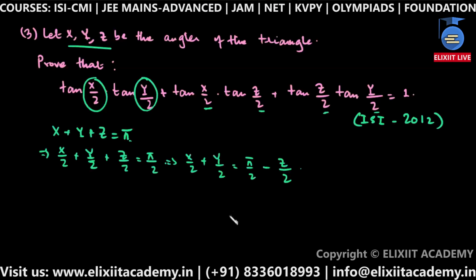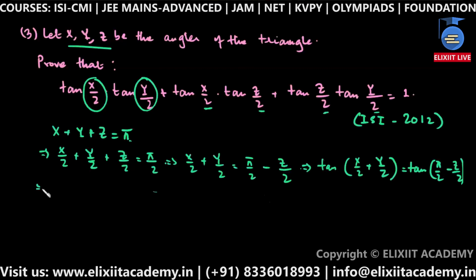See how we are approaching the question. Now we take tan on both sides. On the left we have tan(x/2 + y/2), and on the right tan(π/2 − z/2). All these terms are in terms of tan.